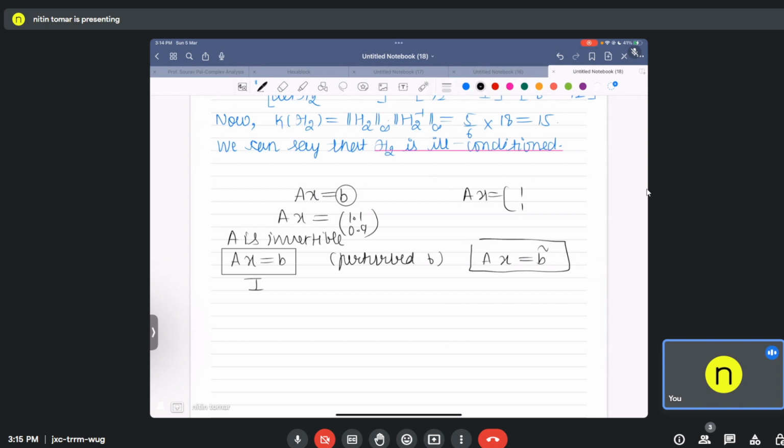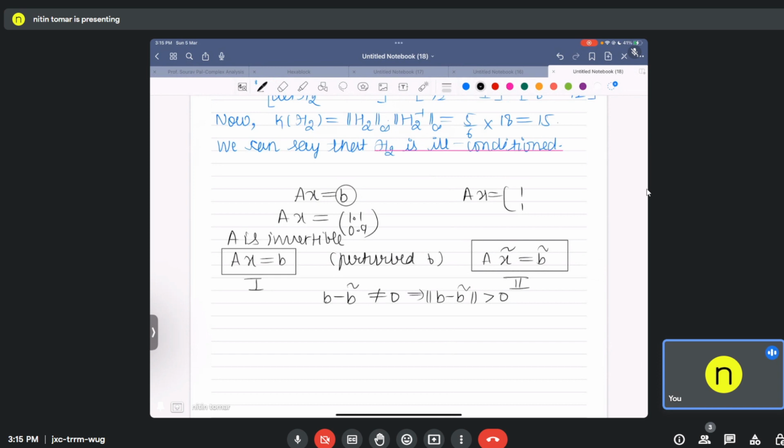Now corresponding to the new system, you have the solution, let's say x tilde. So this b minus b tilde is not 0 because you have changed something, so its norm is strictly positive.